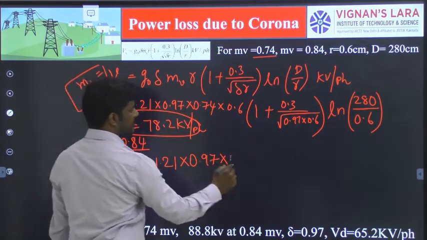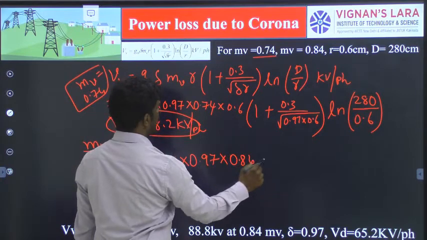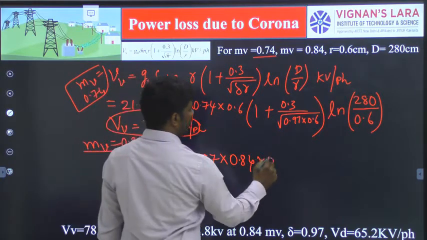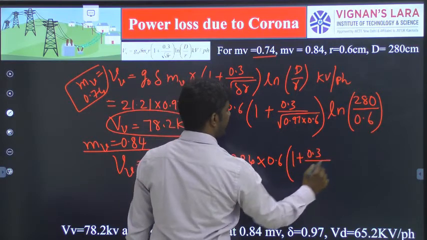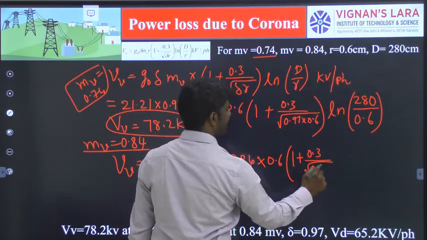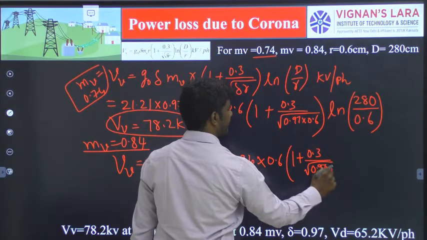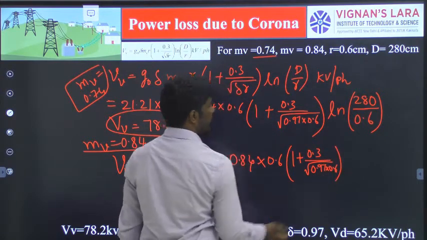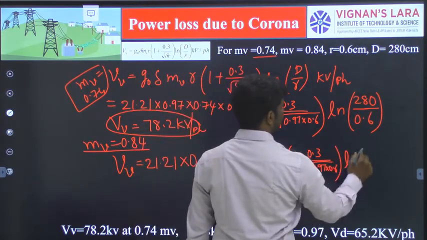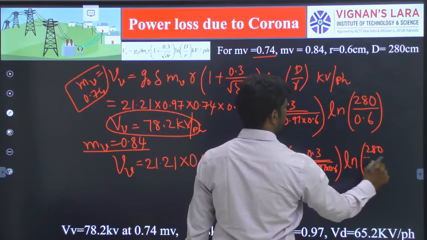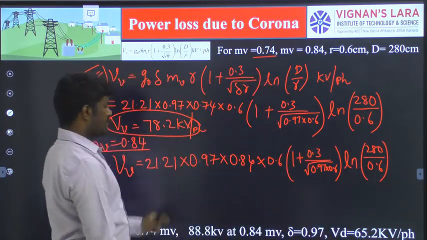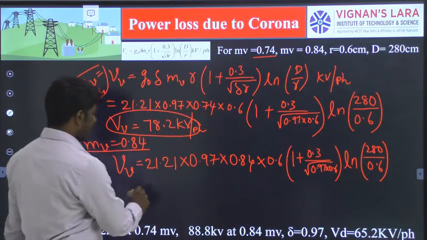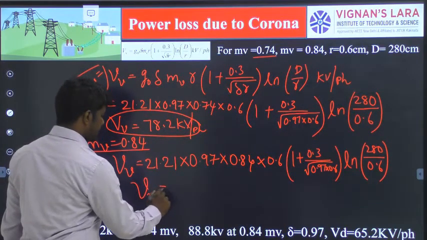Now MV is 0.84 multiplied by R 0.6 into 1 plus 0.3 by square root of delta R into ln of D by R, 280 by 0.6 centimeters. So this is for general corona.